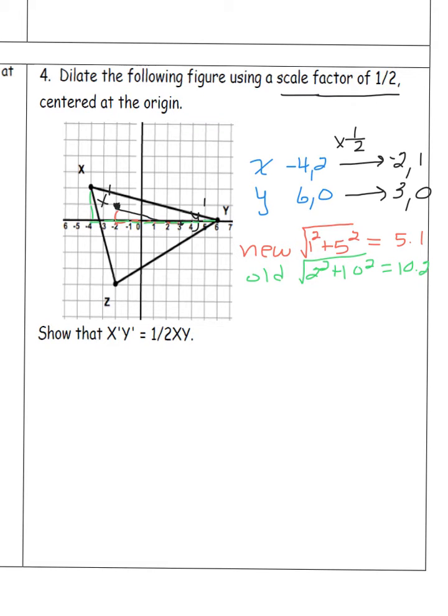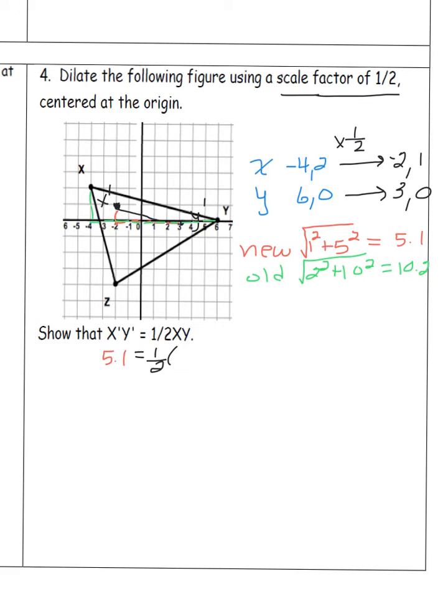So if you look right here, it says x prime, y prime. That's my new. So I'm going to take my new answer and just put it in place. So it's going to say 5.1 equals 1/2. I'm just bringing the 1/2 right down.